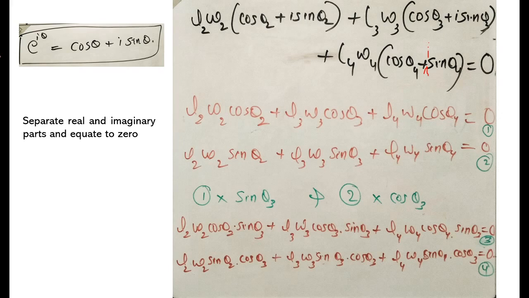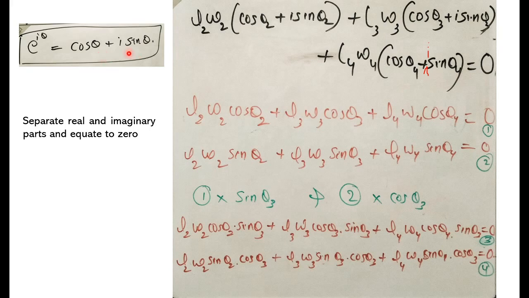So in the next step, you separate the real and imaginary parts. In this case, cos θ is your real part and sin θ is the imaginary part. That is also knowledge you are supposed to know.